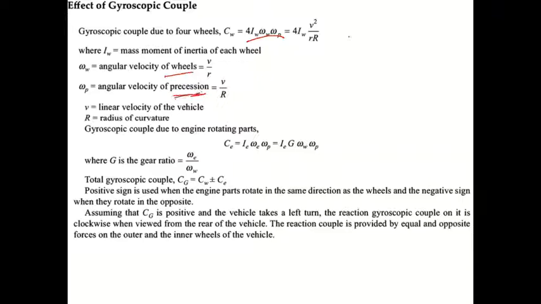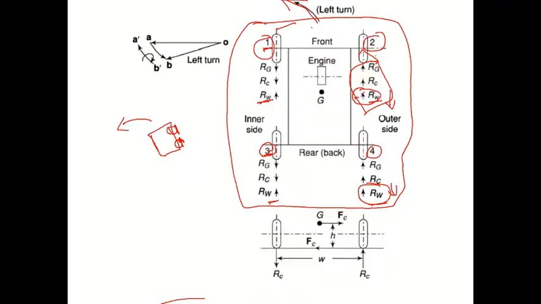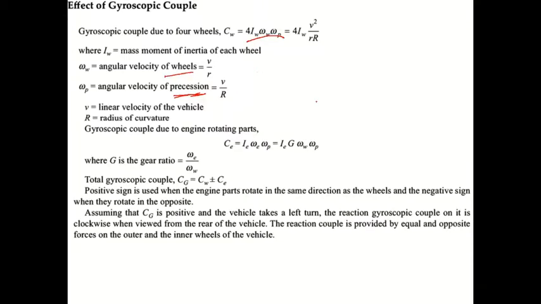Angular velocity of the precession means at what speed it is turning. I told you the vehicle is turning towards left or towards right, whatever it may be. At what speed it is turning, what is the turning speed, that is called angular velocity of precession.